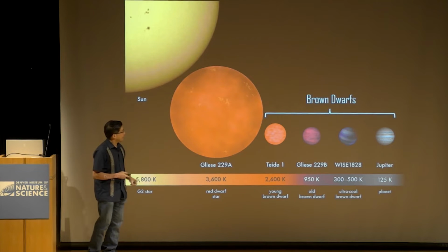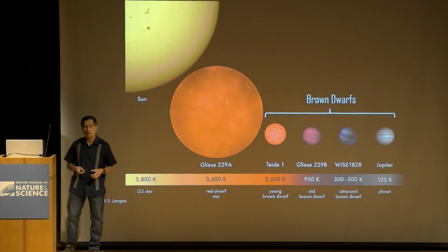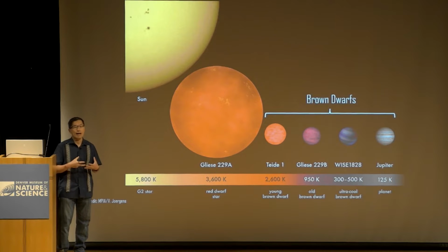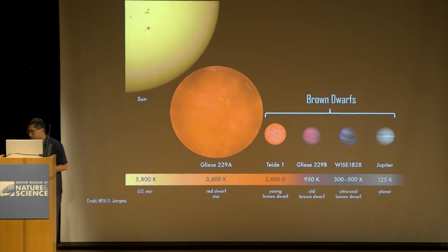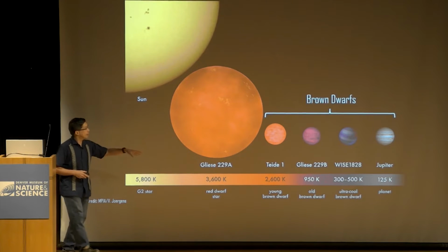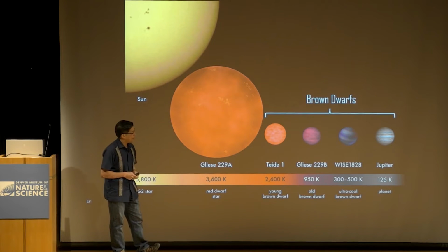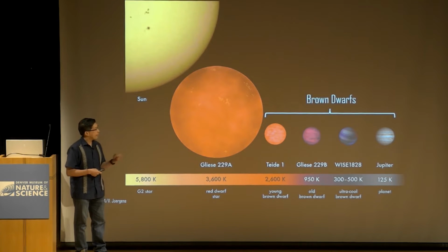Initially, you might have a brown dwarf like Theta 1, which is 2,600 degrees, and it's so hot because it's relatively young, and there's still a lot of heat from formation, and heat from the deuterium fusion. Theta 1 is thought to be about 55 Jupiter masses, but over time it will slowly cool. Gliese 229b is an example of a brown dwarf that's just under 1,000 degrees Kelvin, so it's a lot cooler.